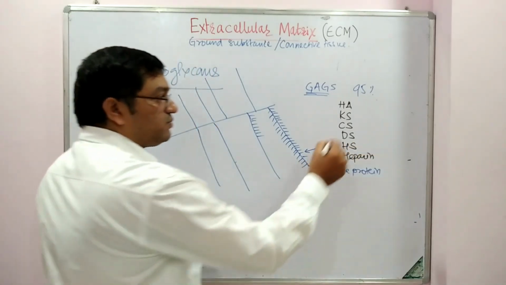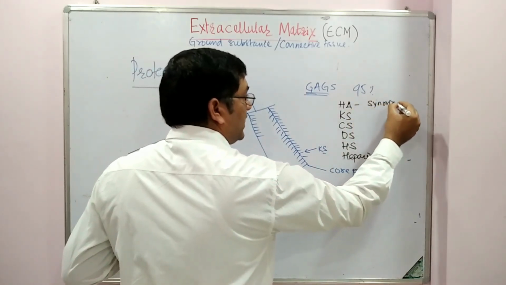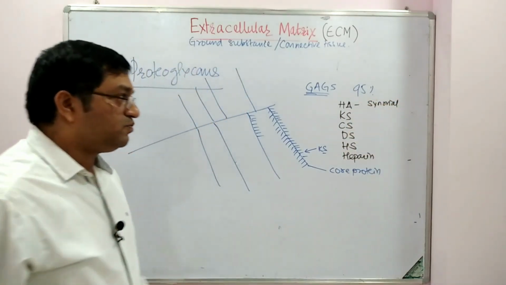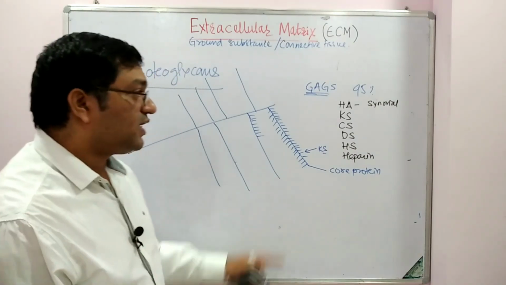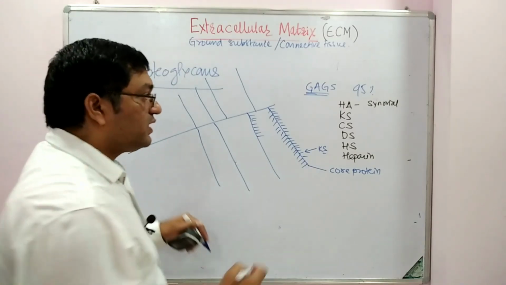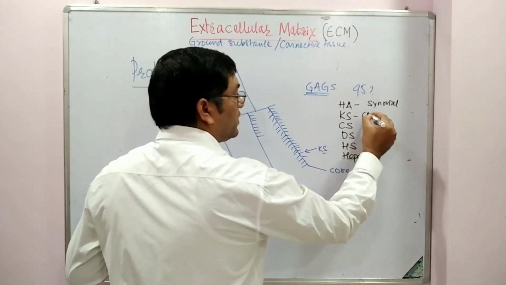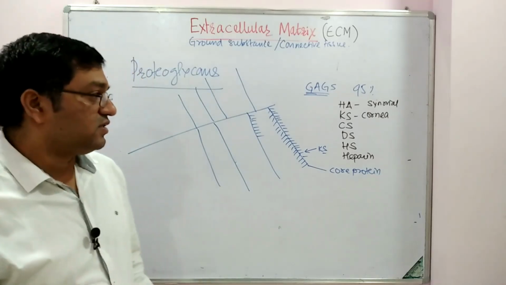Hyaluronic acid is present in synovial fluid and the vitreous humor of the eye, where it acts as a shock absorbent and lubricant. Keratan sulfate is present in the cornea and is responsible for corneal transparency.